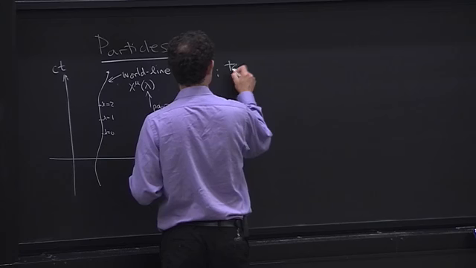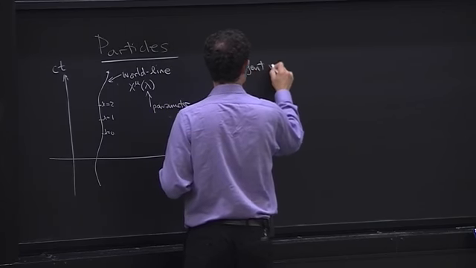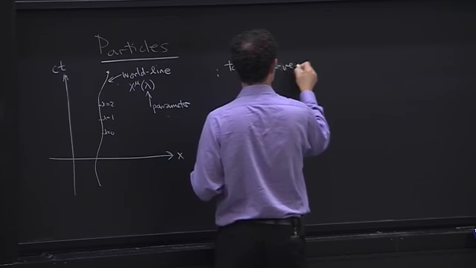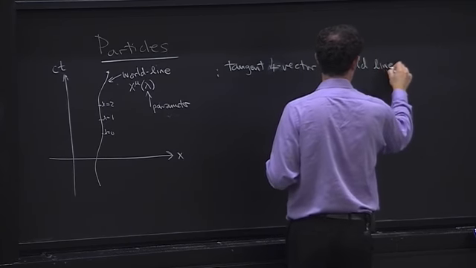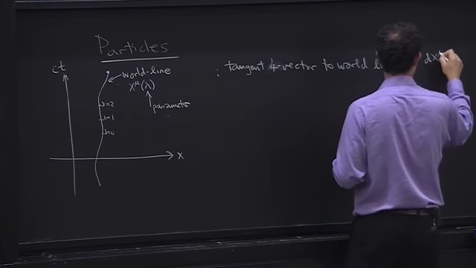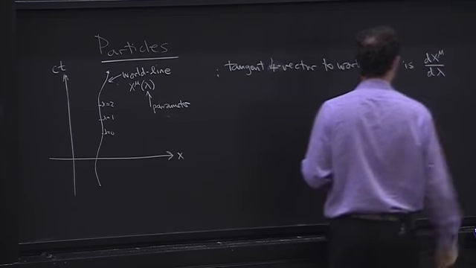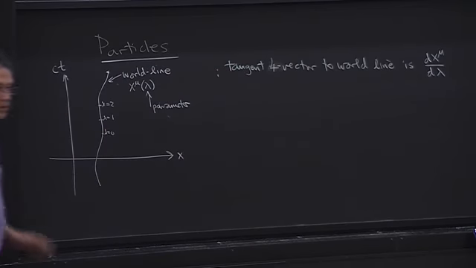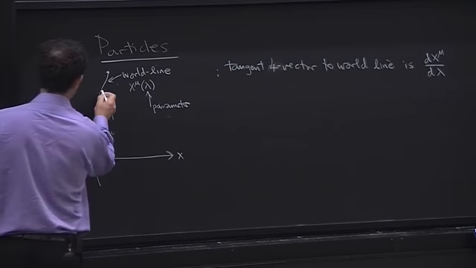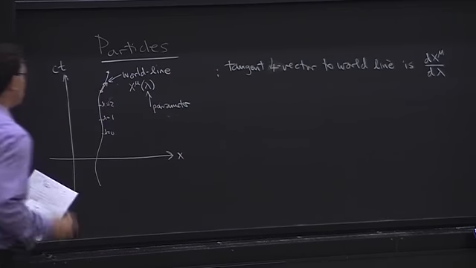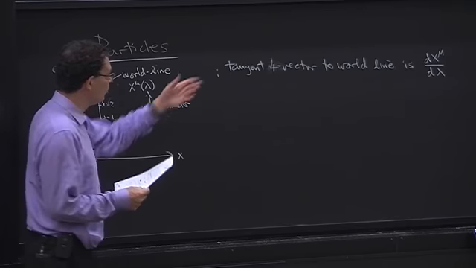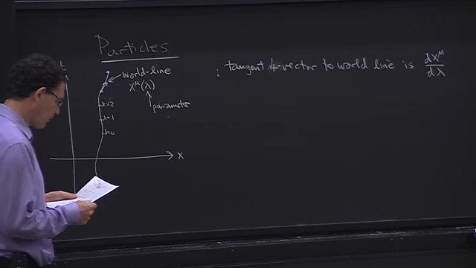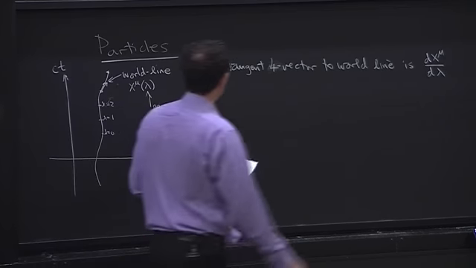Now, the tangent vector, or tangent 4-vector, to the world line is dx^μ/dλ, just the derivative of x, and that's obviously a vector in space-time which is parallel to the world line at that particular point, parameterized by λ.